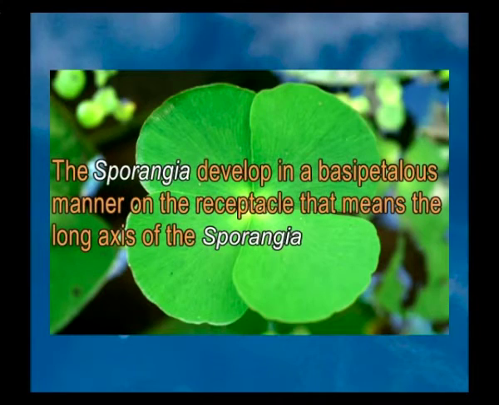The sporangia develop in a basipetal manner on the receptacle, that is the long axis of the sorus. The megasporangia develop first at the top of the receptacle and are therefore older, while the microsporangia develop later along the sides of the receptacle.